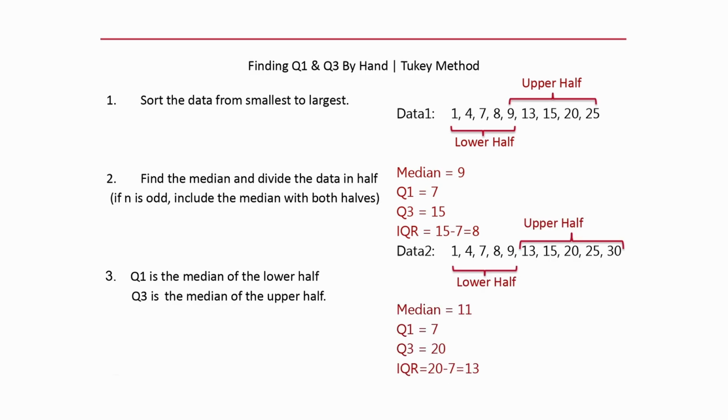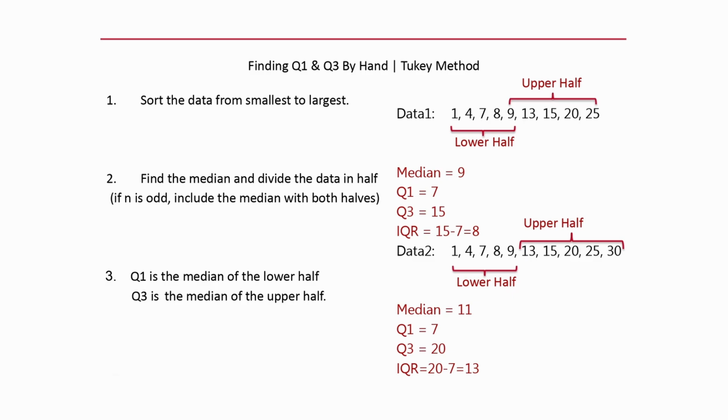In dataset 2, we have an even number of data points. So the median isn't in the actual dataset, it's the average of 9 and 13. So when you go to split in half, there is no ambiguity of how to do that. The lower half is 1, 4, 7, 8, 9, and the upper half is 13, 15, 20, 25, and 30. There's no question of where the median goes because the median isn't a data point.